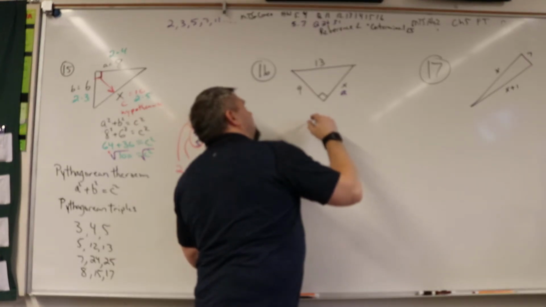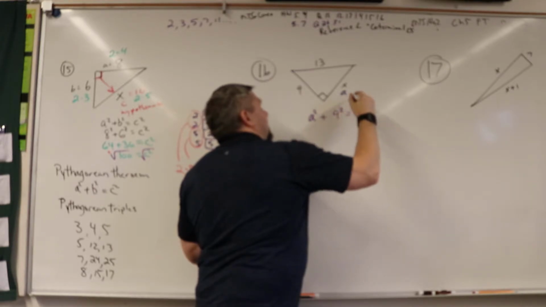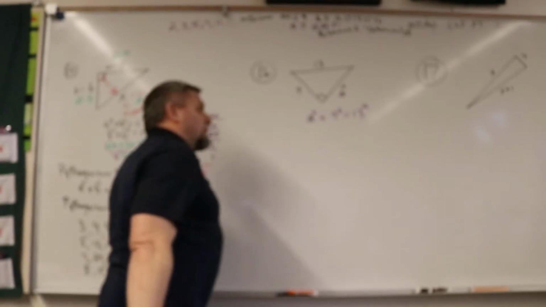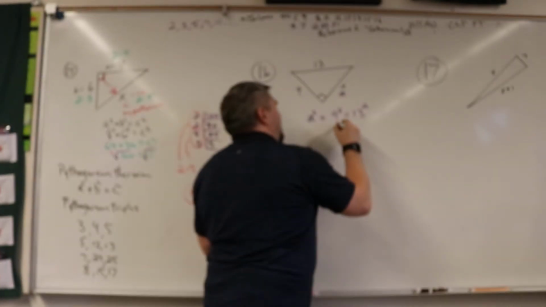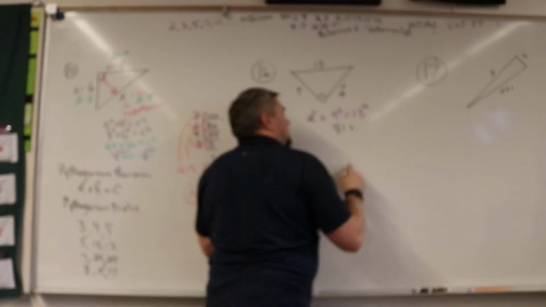So it's A squared plus 9 squared equals 13 squared. What's 9 squared? 81. And what's 13 squared? 169.